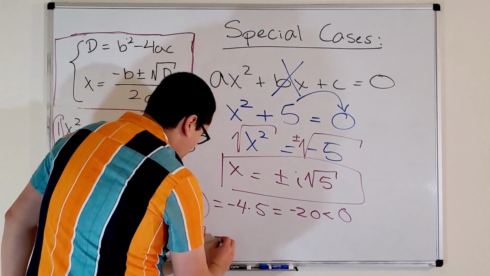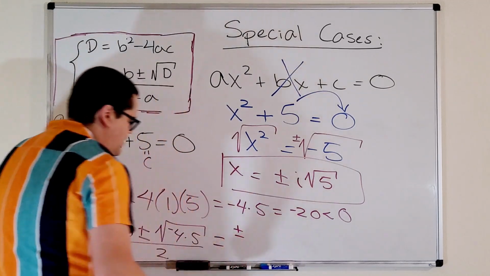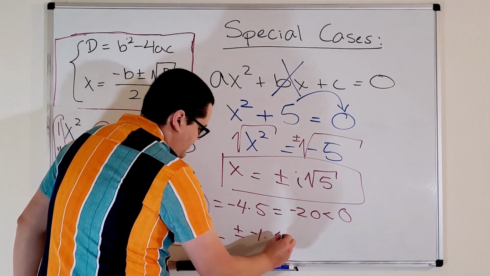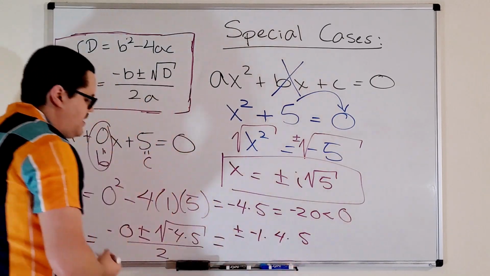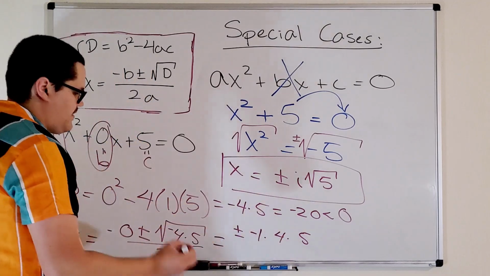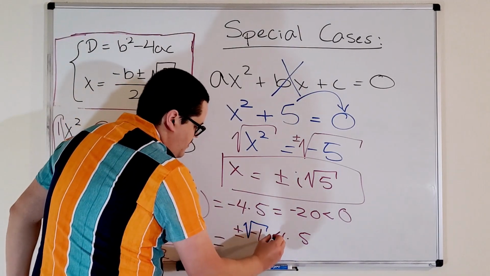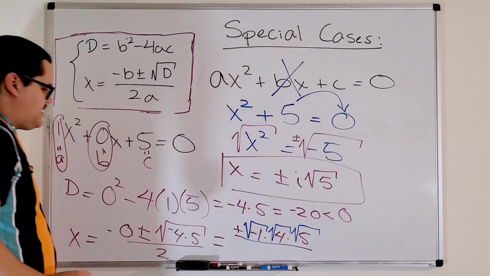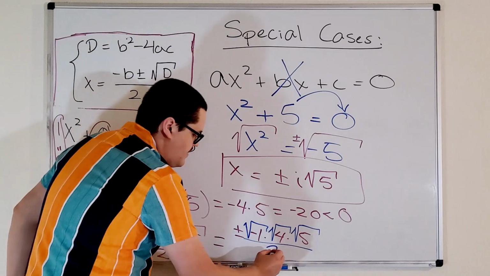So this is plus or minus. I'm going to factor this again. So we have -1 times 4 times 5. And then the square root distributes over the product. So upstairs we have square root -1, square root 4, square root 5. And downstairs we just have 2.